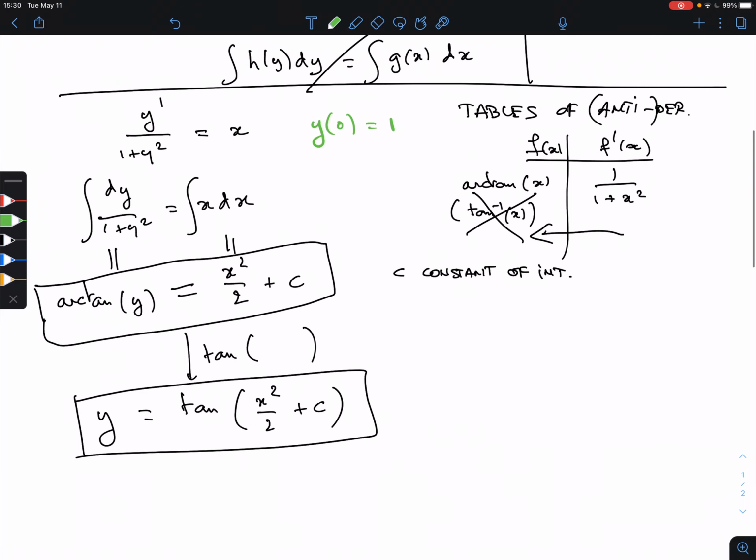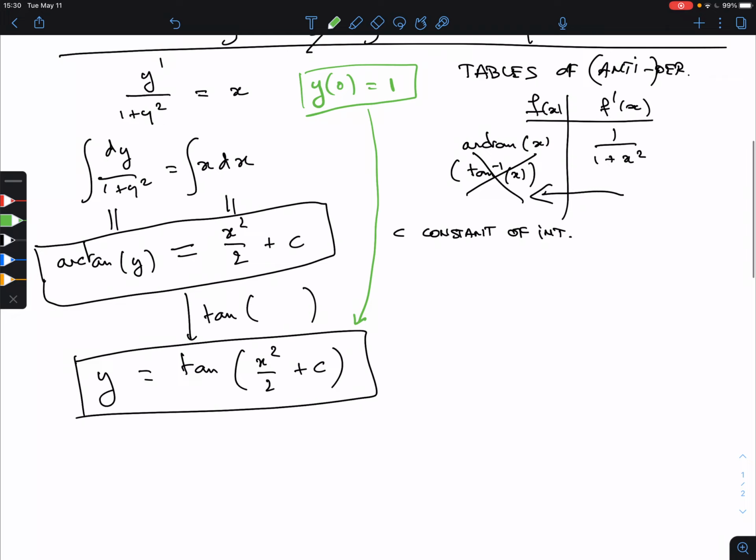So remember, when we have an initial condition, you only try to find the constant of integration after you are done with all types of integration. So at this point, we should only plug things in. So I plug in 0, so x is 0 here. If I plug it in, that is 1. That's what this initial condition says. On the other side, I get tangent of 0 plus c, so tangent of c.